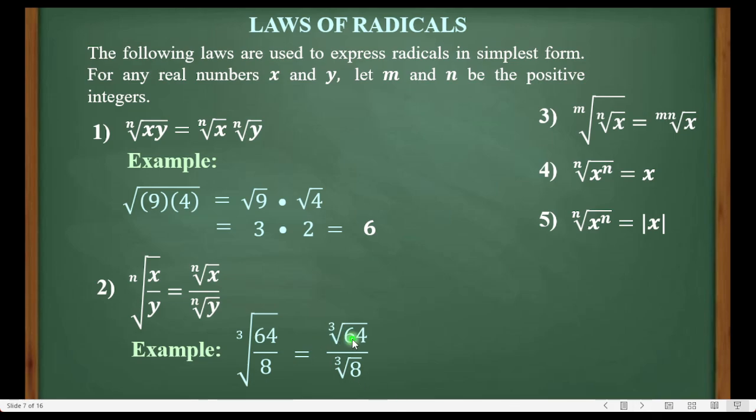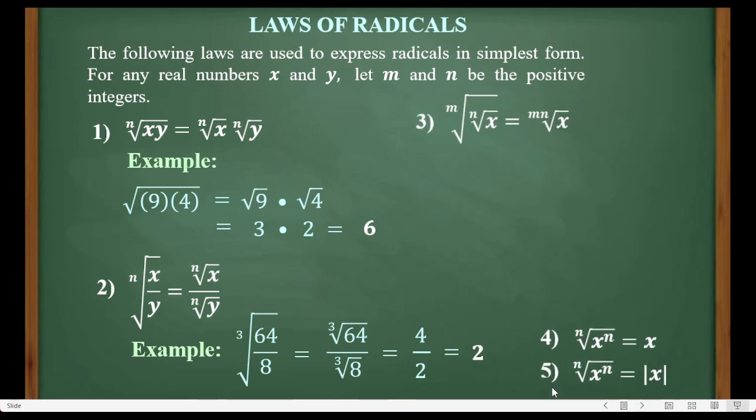And 64 and 8 are both perfect cubes. So if we're going to evaluate the numerator and the denominator, the numerator is 4 over the denominator, which is 2. And we know that 4 divided by 2 is equal to 2. And this is your answer.